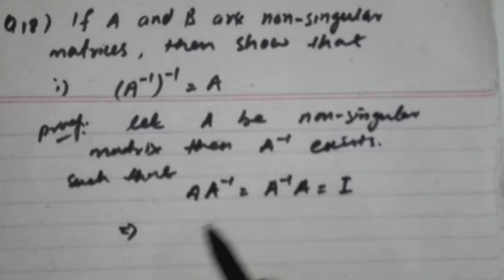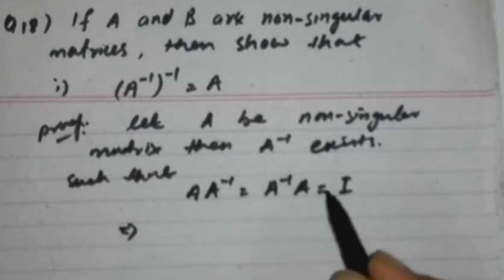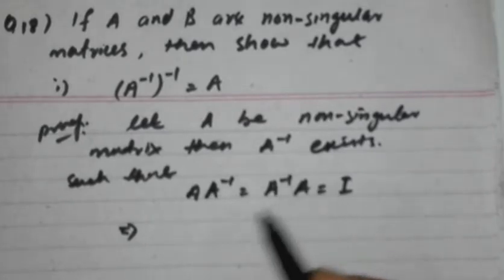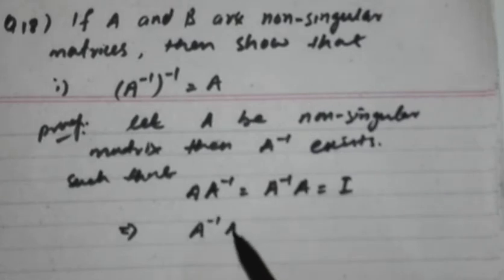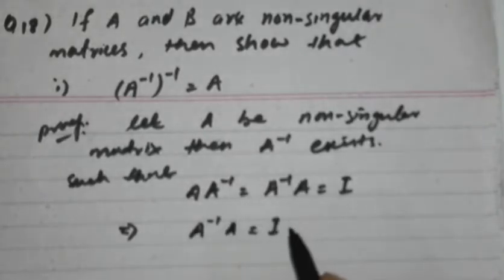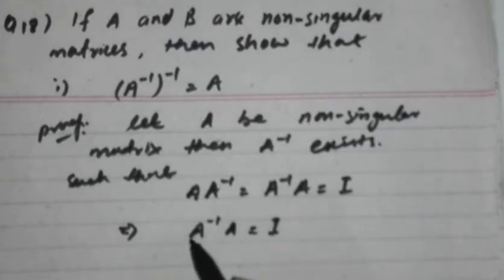This implies that, as these three are equal, we are taking these two equal: A inverse A equals I. Now shift this A inverse to the right side. How can we shift it? By multiplying its inverse on both sides.